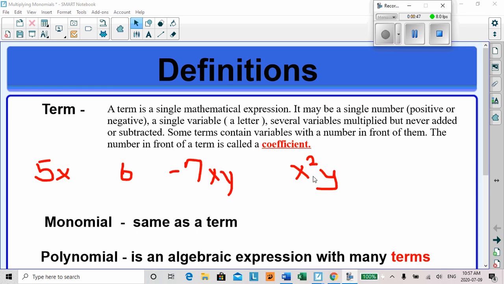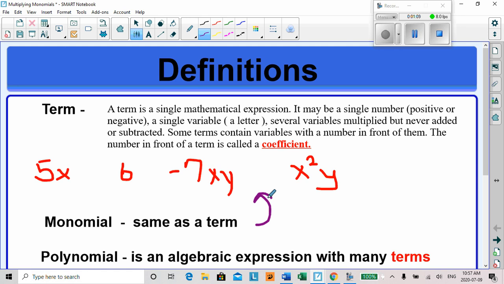And I can have letters multiplied together. What I can't have are things added or subtracted to these. Then it wouldn't be a term. A monomial, when you hear me talk about that, that just means the same thing as a term. So it's a single expression.